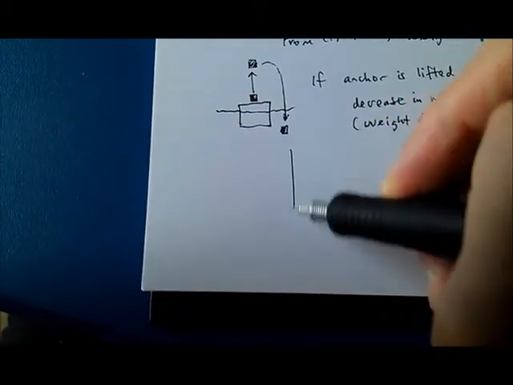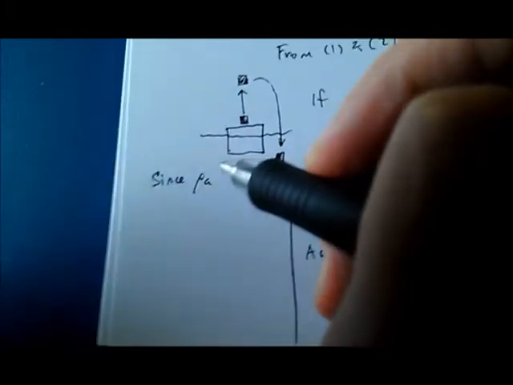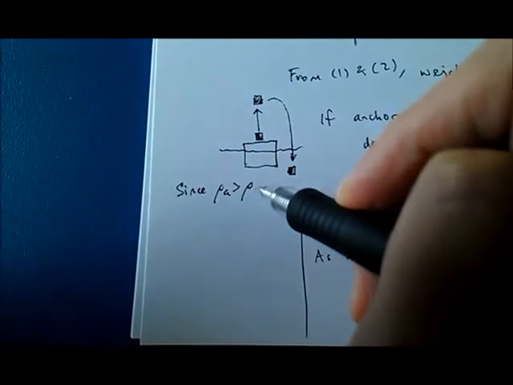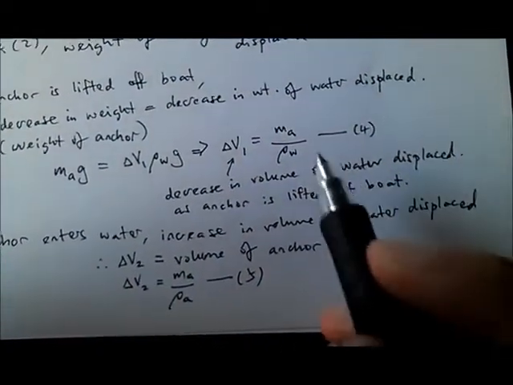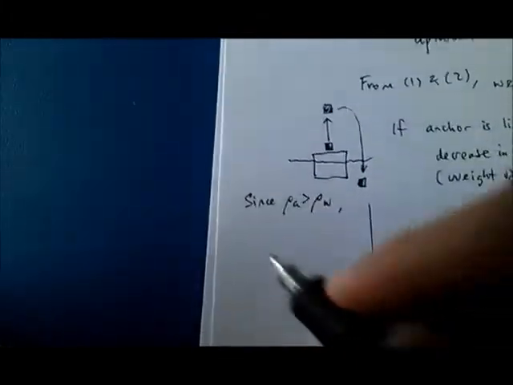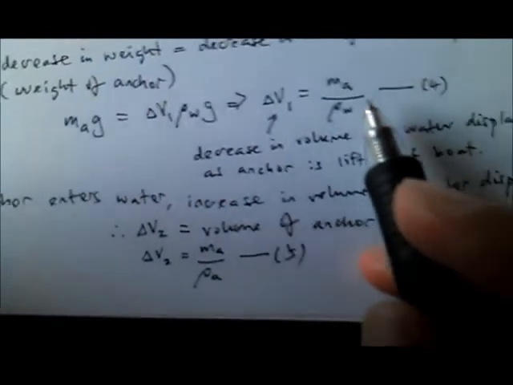So let's finish off the analysis here. Since the density of the anchor's material, maybe steel, is greater, in fact much greater, than the density of water, we come to the conclusion that delta V1 is greater than delta V2.